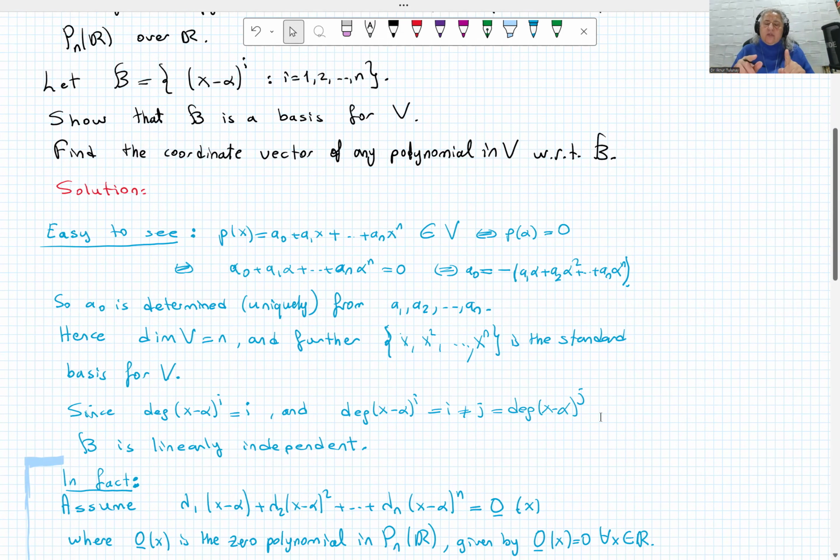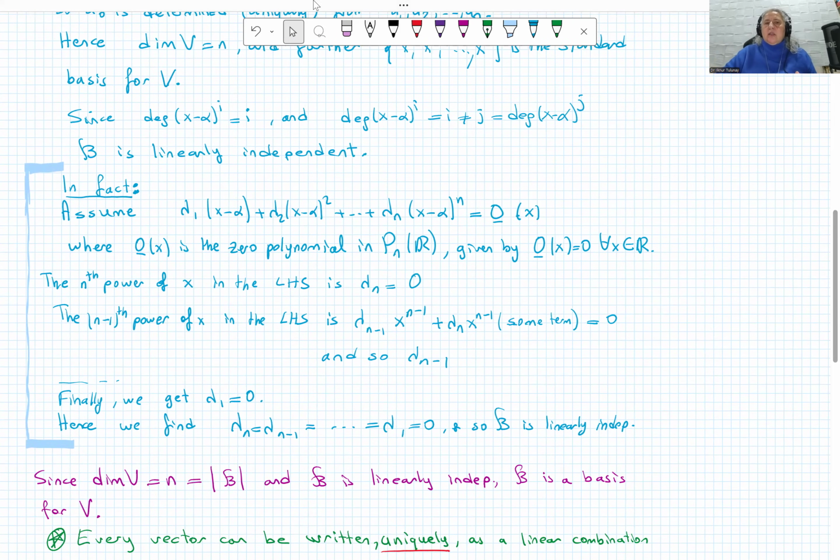So the degrees are different. Since the degrees are different, the elements in B will be linearly independent. We can say this like that, or we can properly prove it, whatever you like. I also added the proof here. This is the proof for linear independence. But this sentence here is good enough. It is enough, you know.